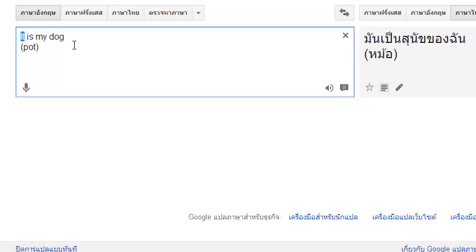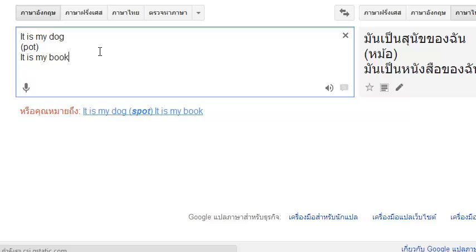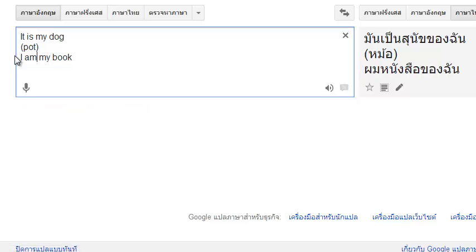When you are pointing to the non-person or things like it is my book. We cannot say that I am my book. Now we only use it for the non-person or non-specific things.